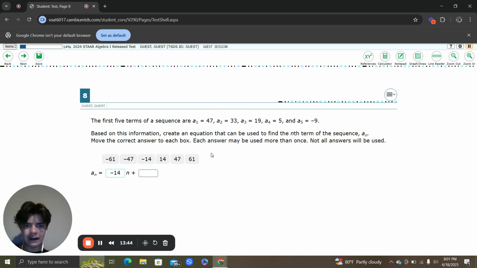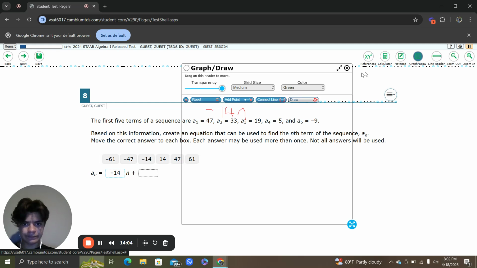And then you just want to find your initial value. What goes before? All you have to do for that is find the first value. So A0, right? What is 47 plus 14? The opposite of subtracting is adding. So get your graph, then you want to do 47 plus 14.